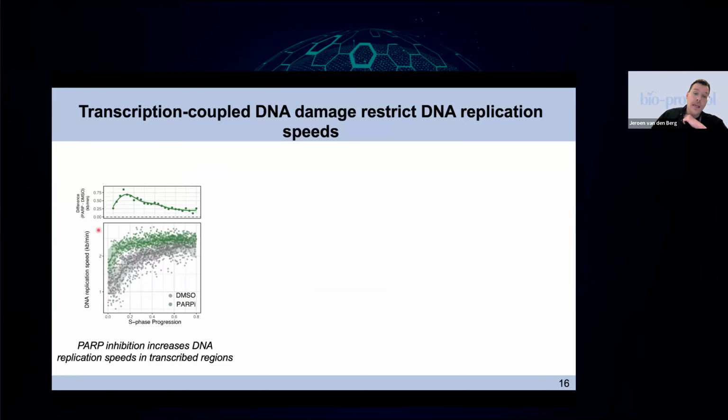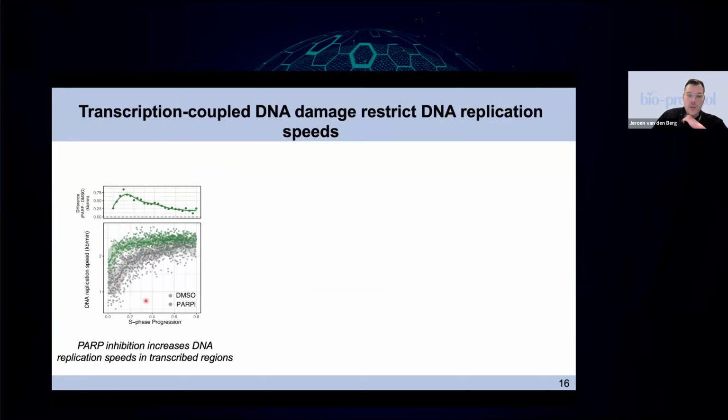And what we see are very comparable pictures to what we saw with the DRB experiment. We see that DNA replication speeds in PARP inhibitor treated cells are higher than in DMSO, but it seems to be mostly the case in early regions, so these regions that are transcribed.